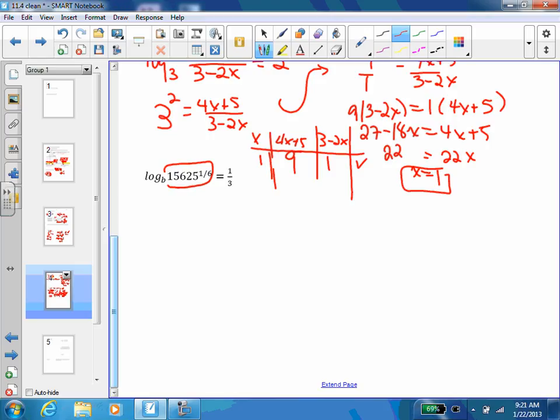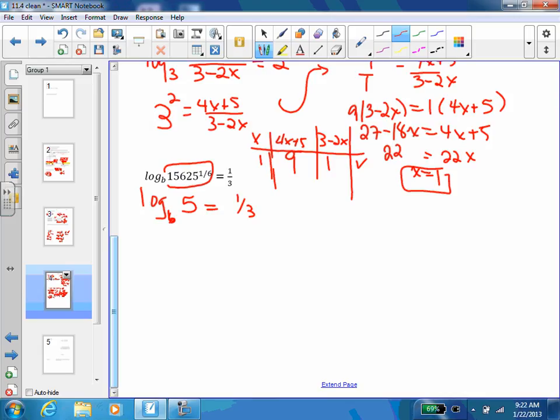So this is 5. Really? Okay. Wow. Okay. So what do I do now? Because I still need to solve for my b.